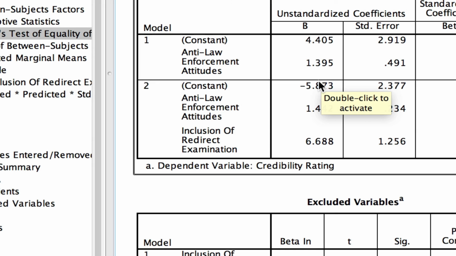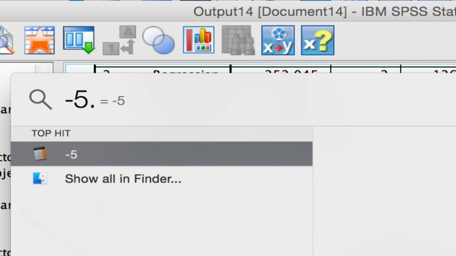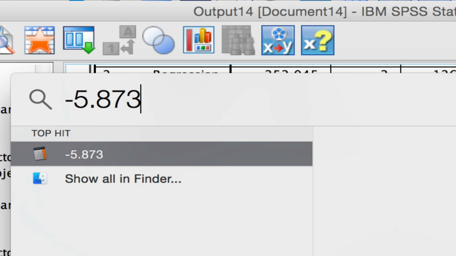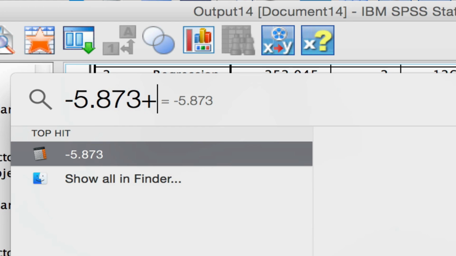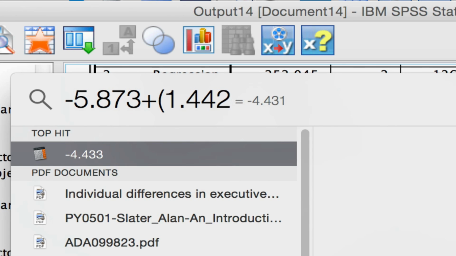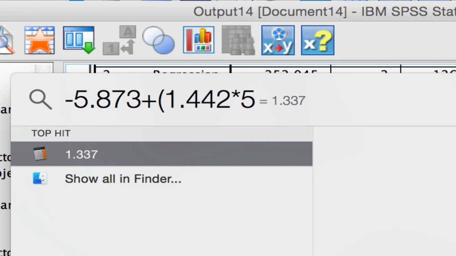We're going to start with our constant, minus 5.873, I believe it was, plus 1.442 times the mean of our covariate, which is 5.3.